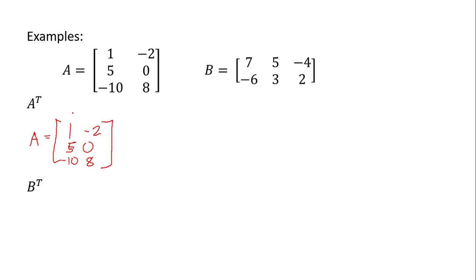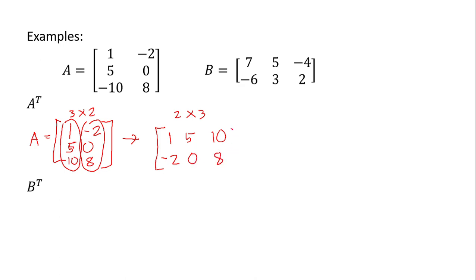So, if this is a 3 by 2 matrix, then ang kanyang transpose is magiging 2 by 3. So, paano? So, itong mga column na to is magiging row. Okay? So, we have 1, 5, and 10. And we have negative 2, 0, and 8. So, siya is 2 by 3 matrix na. So, ito naman is the transpose of A.